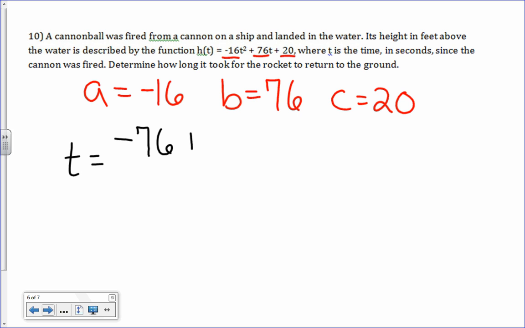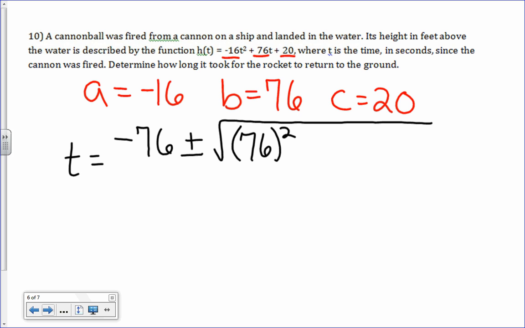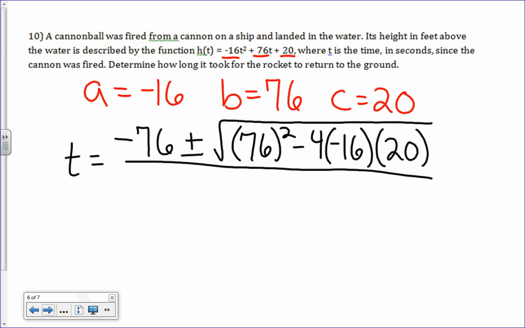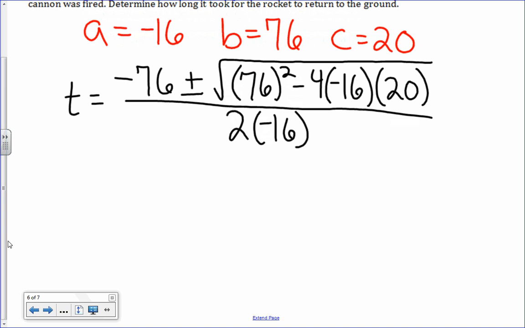Opposite B is negative 76, plus or minus the square root of B squared minus 4 times A times C. Again, when you put that A value in, make sure that you're putting in negative 16, all over 2 times A. Again, pause it, plug it in, make sure you have the positive answer. All right, for this one, the positive answer for time should be 5 seconds.